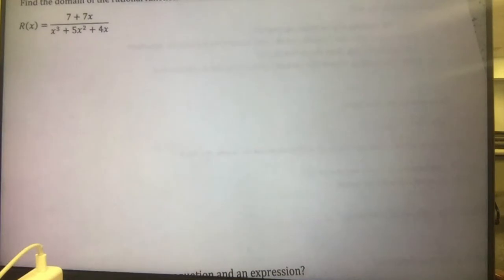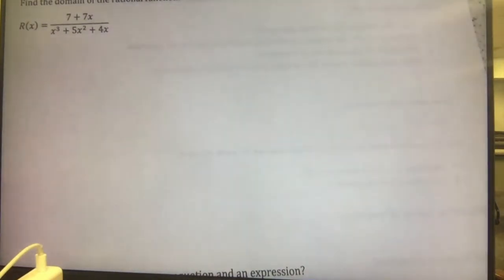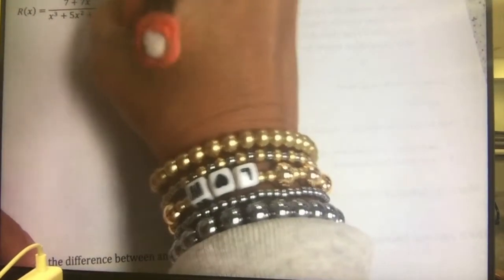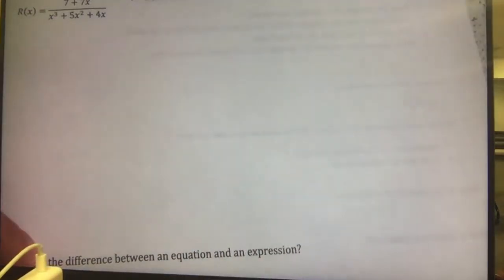Next page. Finding the domain, again, of the rational function r of x equals 7 plus 7x all over x cubed plus 5x squared plus 4x. Again, it's a fraction. So we know our denominator cannot be 0.